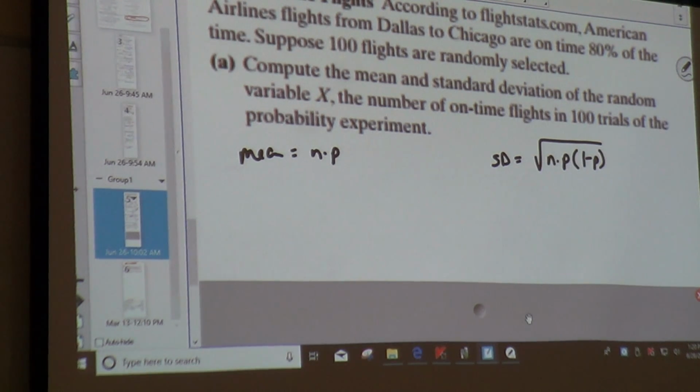So, for our mean, what is our N? 100. What is our P? 0.8 or 0.80. So my mean is going to be 80. Yes, that is our mean.